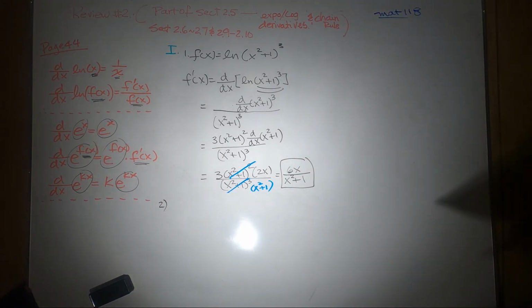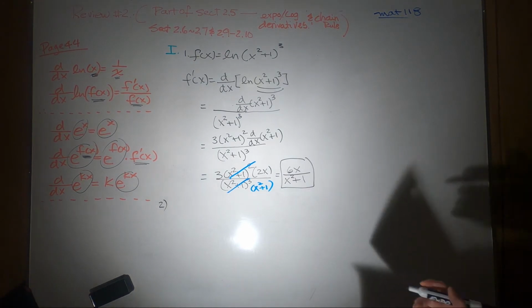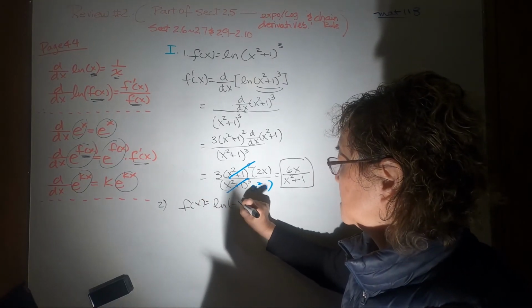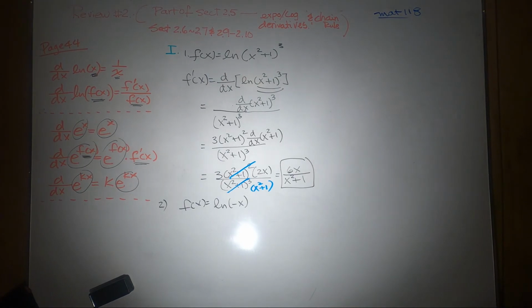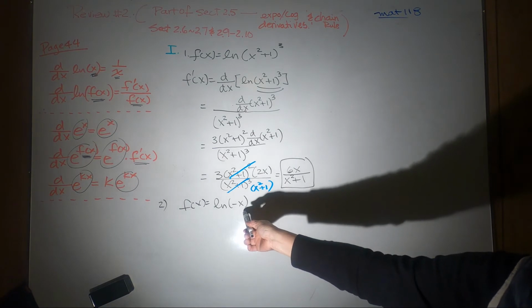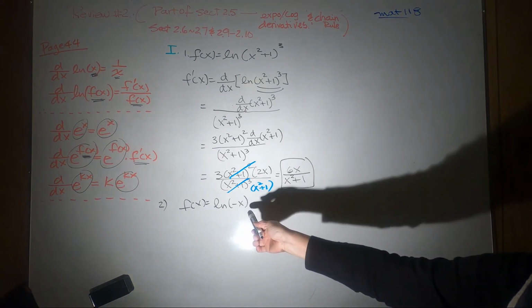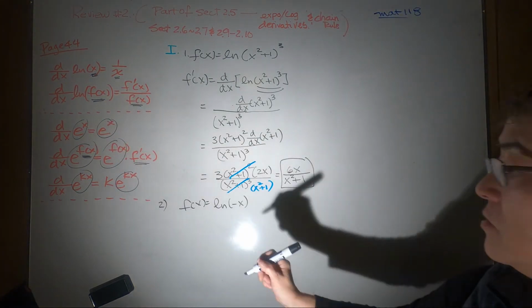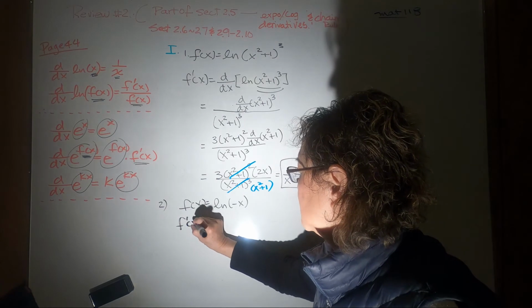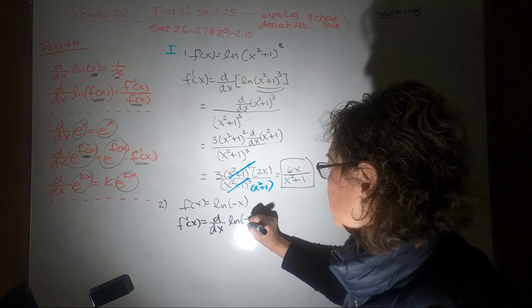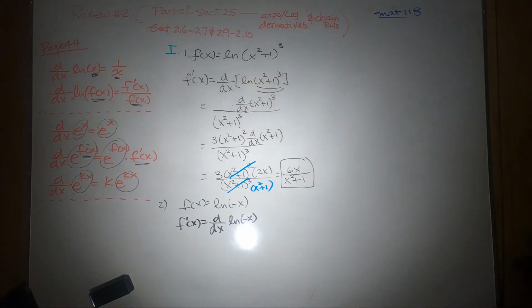Second one, f of x is natural log of negative x. It's almost the same, except the inside is not x, it's negative x. Then you have to do the chain rule. Okay, so your f prime of x will be what? d dx of the natural log of negative x, right?